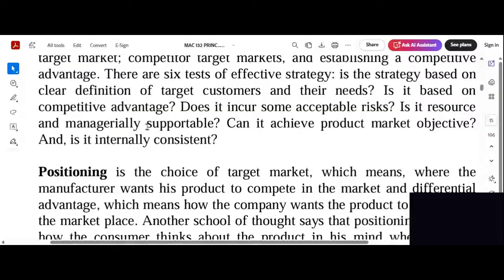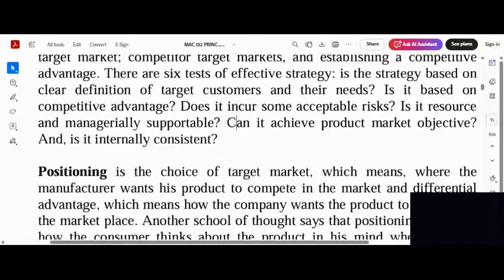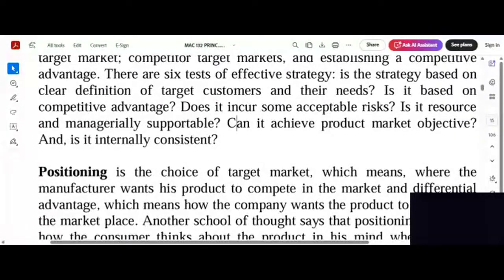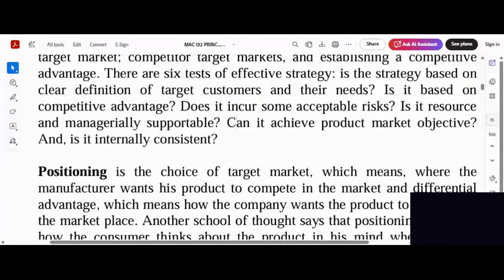For a strategy to be effective, one, you must clearly define your audience. We are not in MAC132. It must clearly define your target customers and what they need. Two, it must have competitive advantage. We've talked about that.